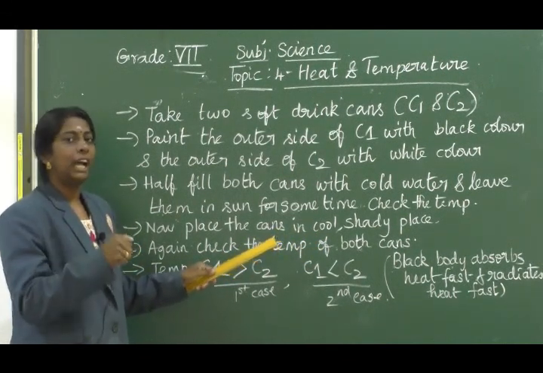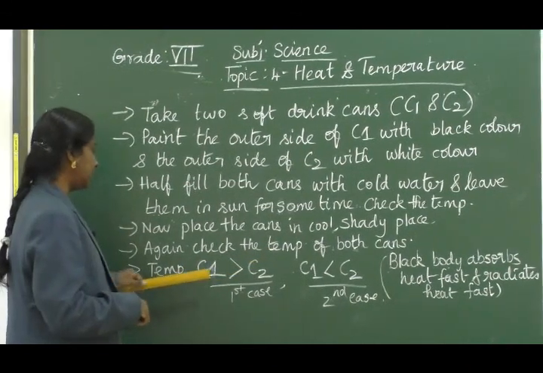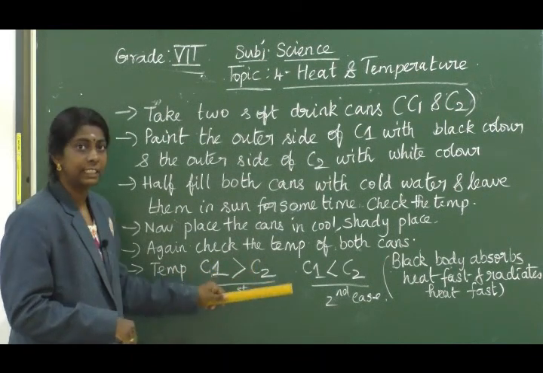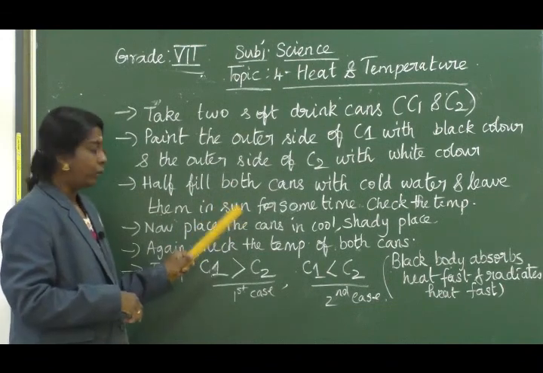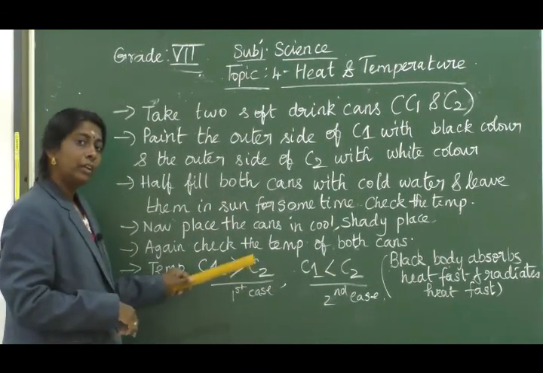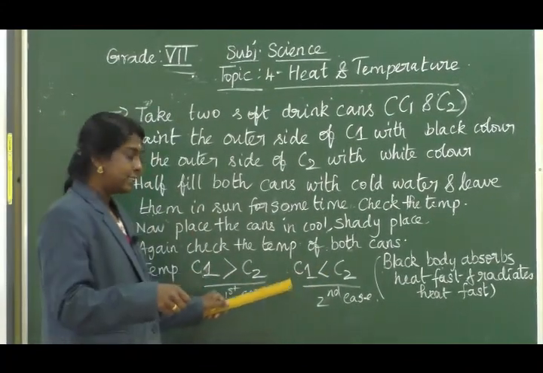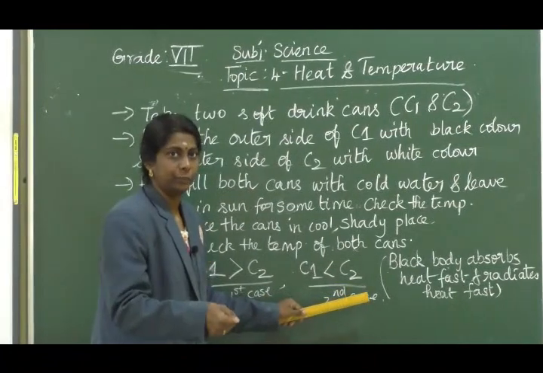Isn't it? Do the activity and observe the results. In general, in the first case, when you are keeping them under the sun, the temperature of C1 will be more than C2. And in the second case, C1 will have less temperature than C2.